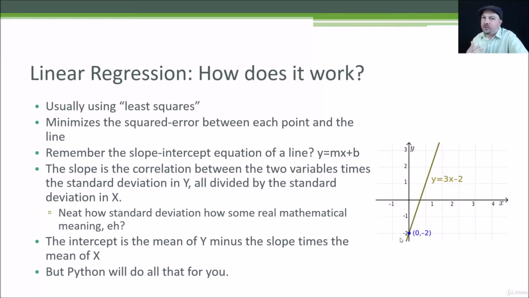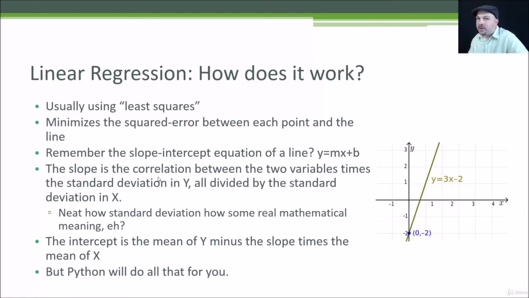Now, you'll never have to actually do this yourself the hard way, but if you had to for some reason, or if you're just curious about what happens under the hood, this describes the overall algorithm for how you would actually go about computing the slope and y-intercept yourself the hard way if you needed to. It's really not that complicated. The slope just turns out to be the correlation between the two variables times the standard deviation in y divided by the standard deviation in x.